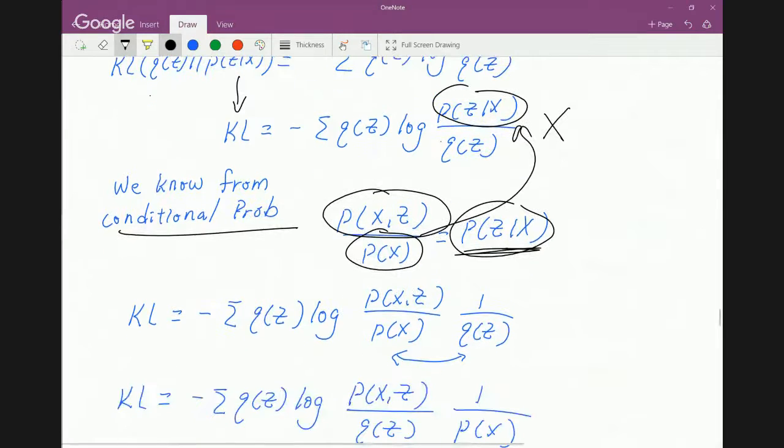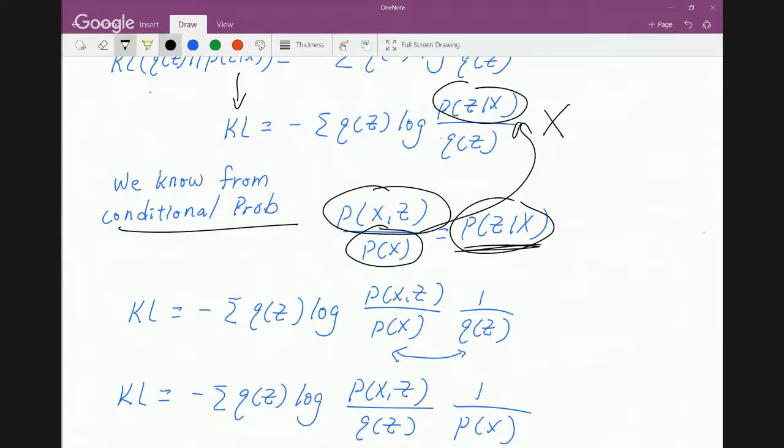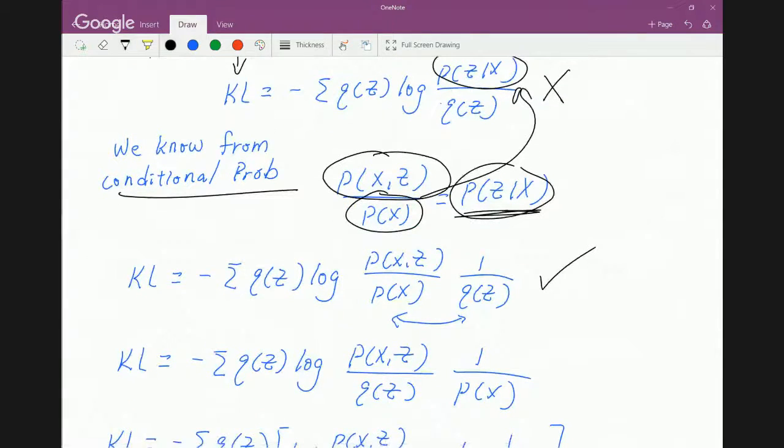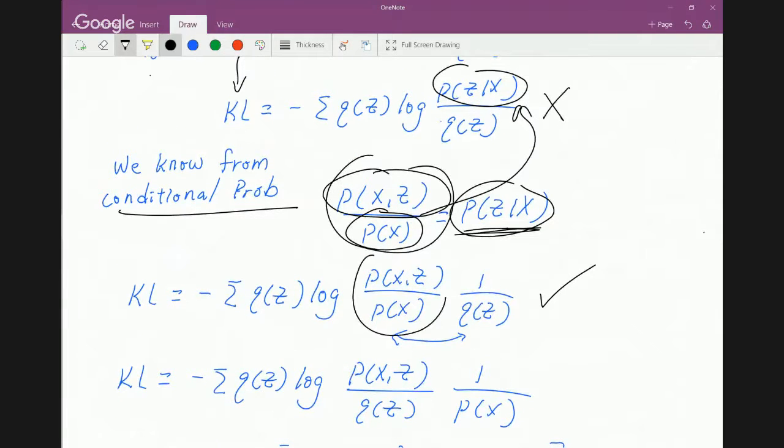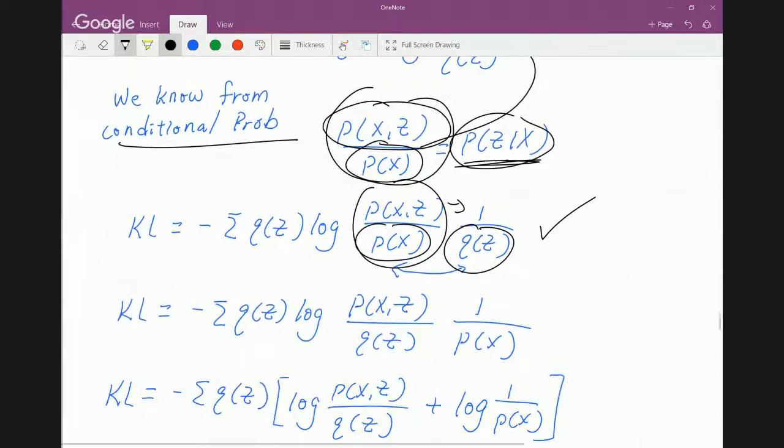And if you plug this in, you get this form right here. You might want to slow down the video to do it step by step, but see that this is the same as here. And I just moved the rest of the portion here. And now I flip these two. I just switched the position, so QP instead of PQ.